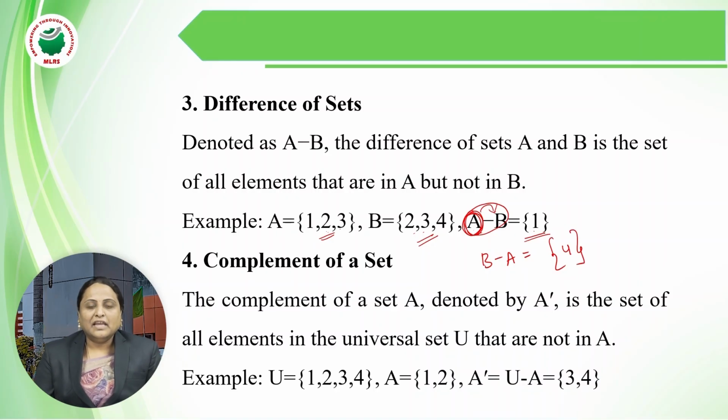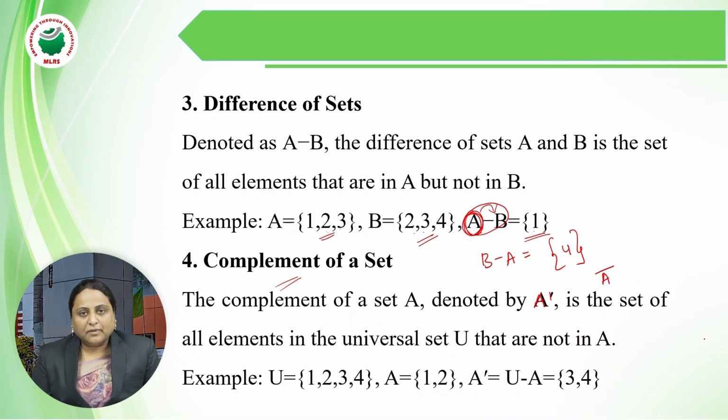So the meaning of A minus B is the elements present in A but not B. B minus A is the elements present in B but not A. And next is complement of the set. So complement is denoted in this way. This is A complement or sometimes denoted as A complement in this way.